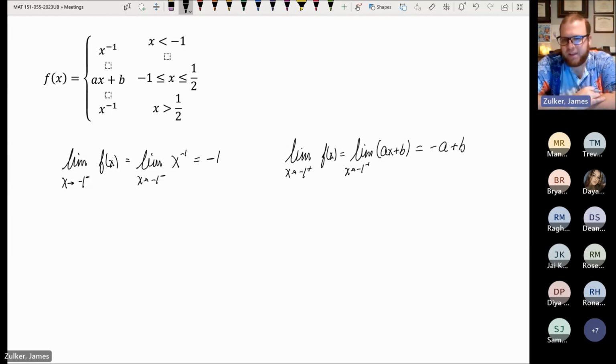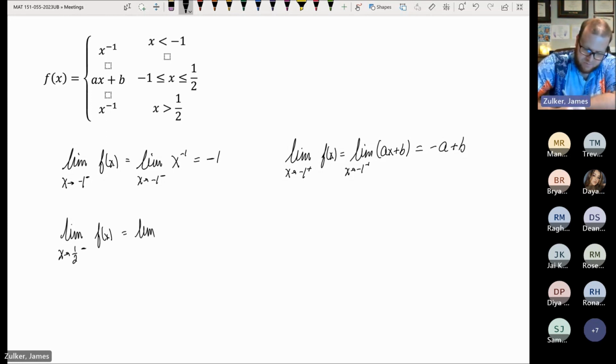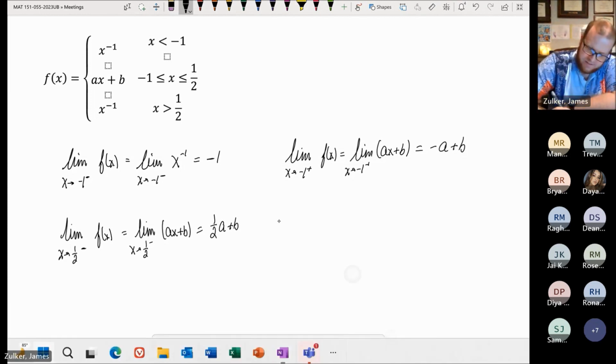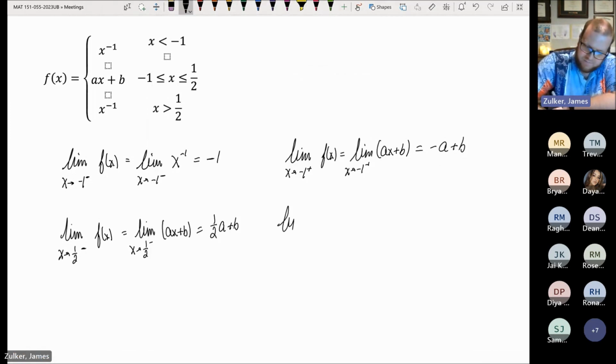Right-hand limit is going to give us -a plus b. Now look at 1/2. Left-handed limit at 1/2 is 1/2 plus b.